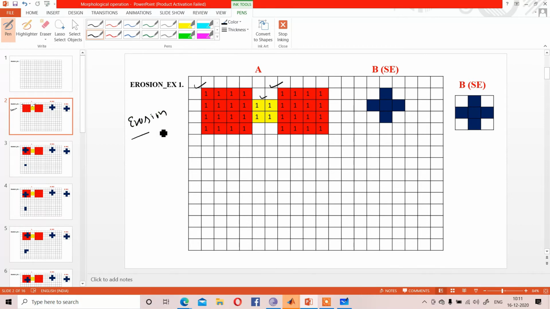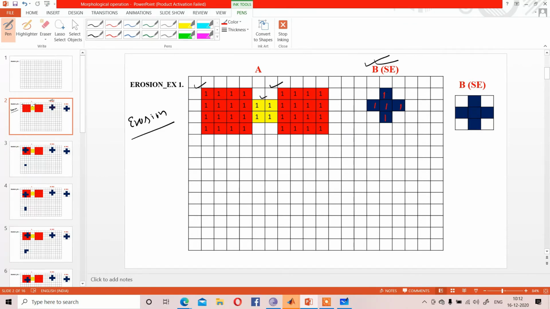And what is erosion? What is happening in erosion? If you follow the example, it will be clear to all of you. We are trying to do the erosion over that image. For that erosion, we are considering a structuring element like that. These are all 1. So it's your structuring element. So you need to do the erosion.